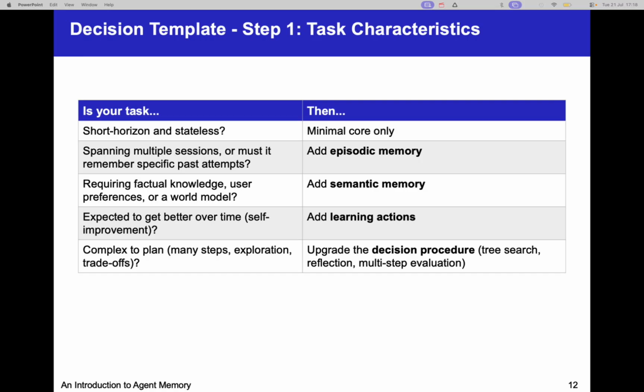And if you expect to get better over time, you probably want some mechanism that goes over your memory and distills it and updates maybe the semantic memory or procedural memory, like your skills or something like that. And yeah, if you have a very complex agent that does planning of those things, then you start to work more on the reasoning side of your agent instead of the memory, right?